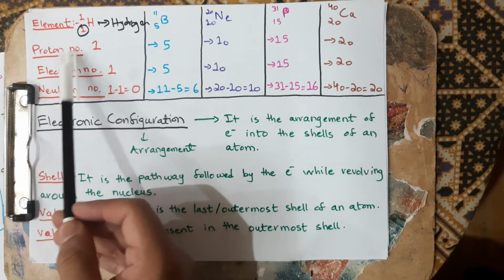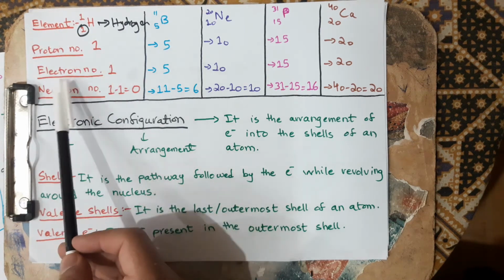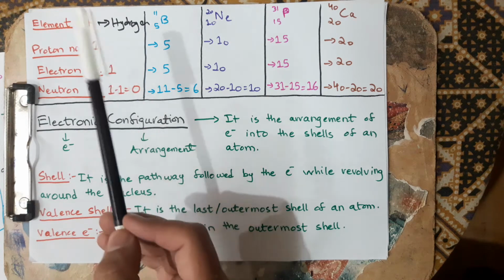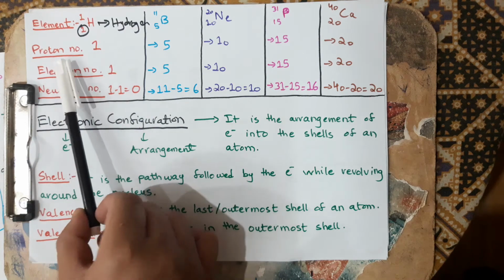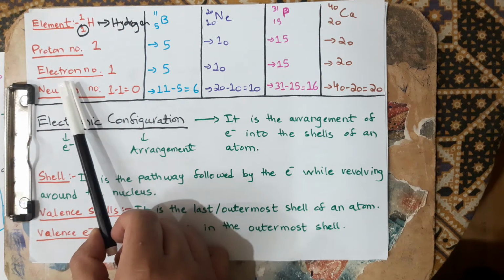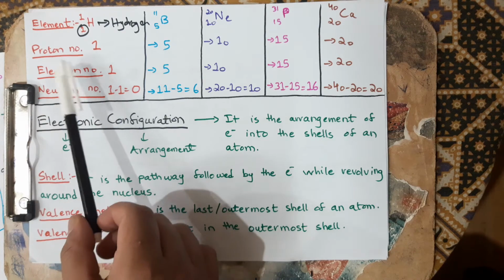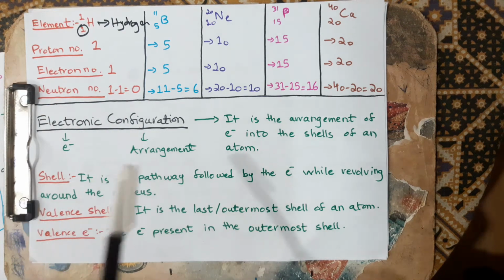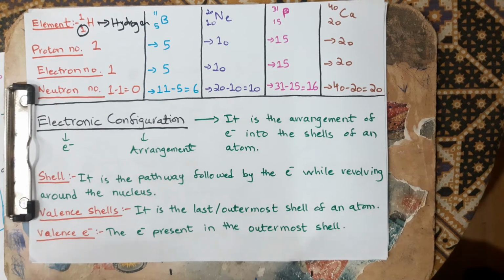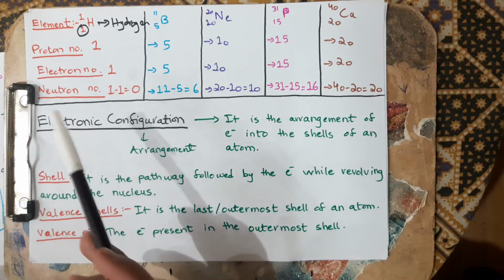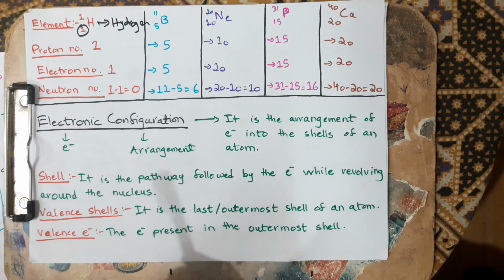You can simply identify that its proton number is 1, and the electron number is equal to the proton number, so it is also 1. Remember that the number of electrons present in an element is always equal to the proton number if the element is not charged, if it is just neutral. Otherwise, if it is charged, if it has gained or lost some electrons, then the proton number is not equal to the electron number.